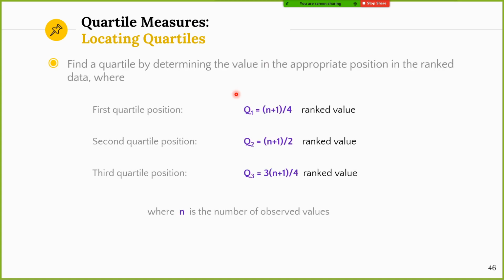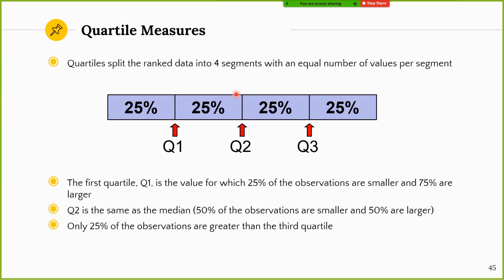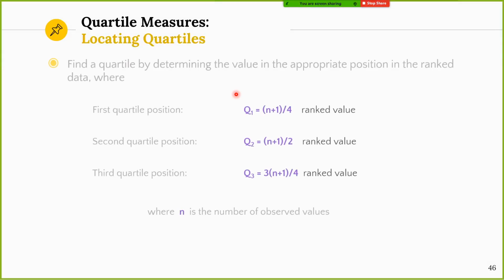Okay, so for example, how do we locate the quartile? From this data, we rank the data and split it into 4 segments equally, 25% each. This is based on the position of the data. This is the formula for Q1, Q2, and Q3.